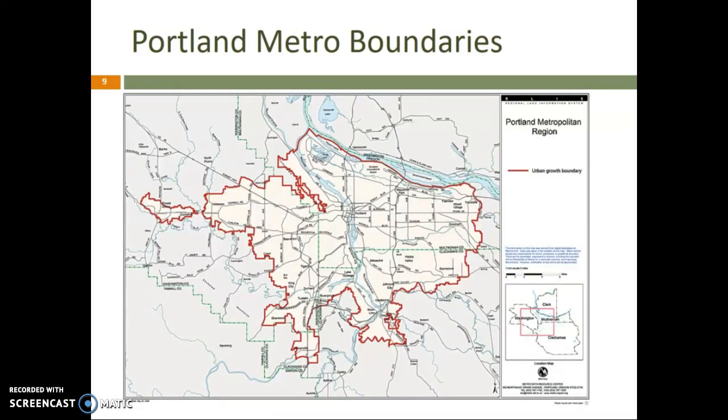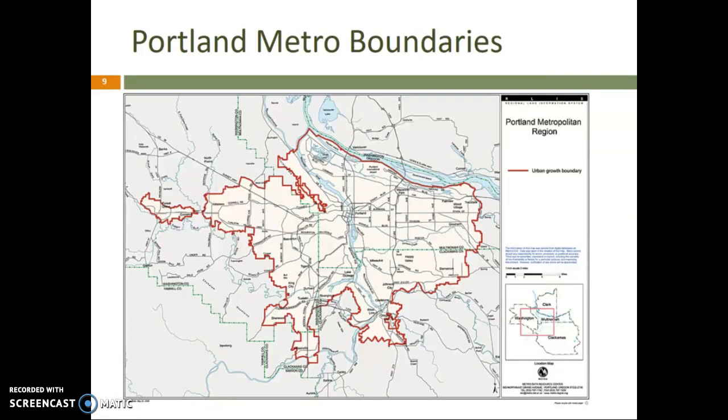So this is a map that you have probably seen many, many times of the Portland Metro boundaries. Here in Portland, we have this very specialized kind of metro government that spans more than one county and more than one city.